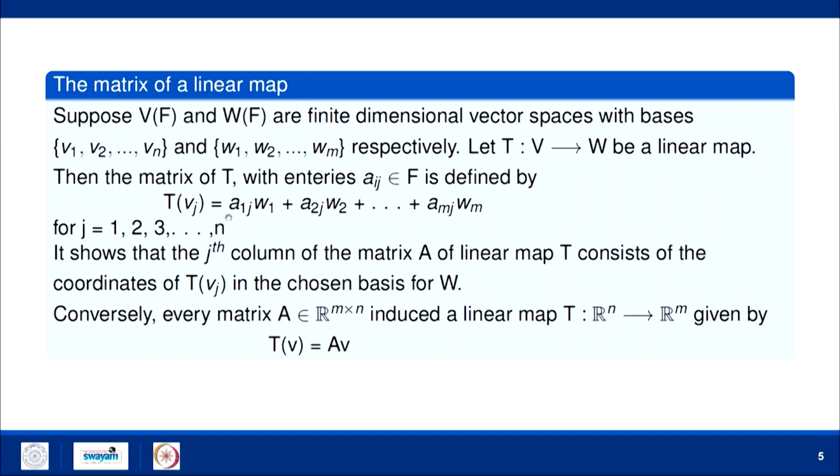Then the coordinates a_1j, a_2j, ..., a_mj will give the jth column of the associated matrix A.